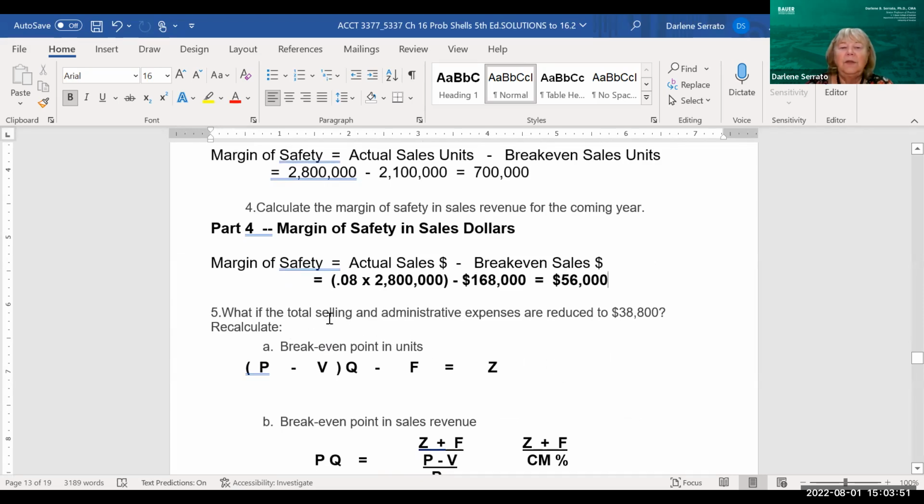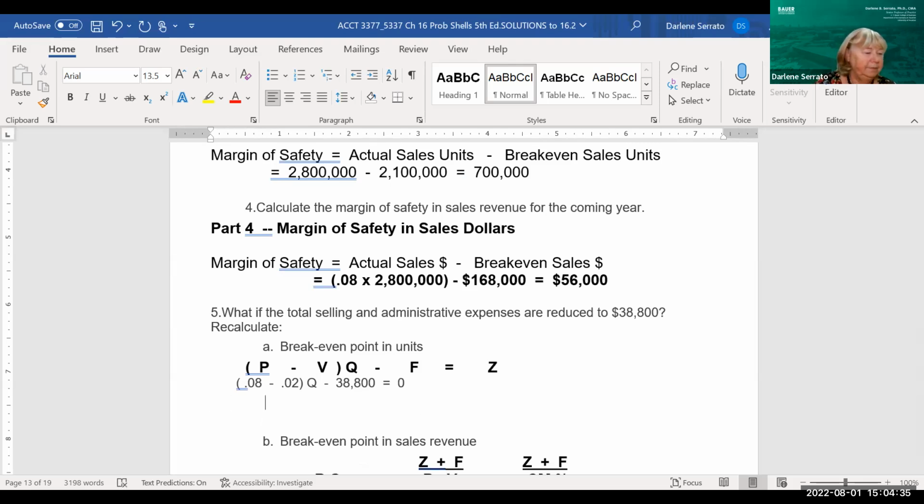So what if the total selling and administrative expenses are reduced to 38,800? Calculate a new break even. So P is 0.08 minus 0.02 times Q minus 38,800 equals 0.